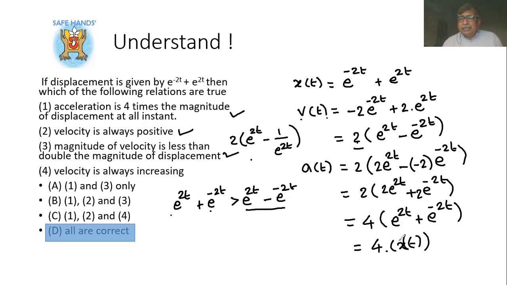And because acceleration is always positive for every value of t, meaning dv by dt is positive, therefore velocity is always increasing. And that is the reason why the answer is all are correct.